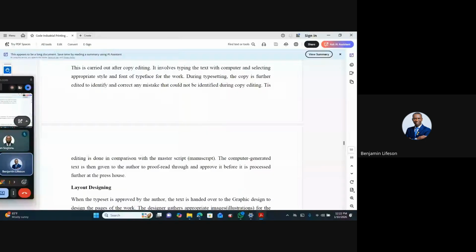What is the rationale behind your work? What do you want to do? What would be your target group? You look at all these things. After looking at it, then the client now puts his or her trust in you that you are capable of doing a good job.